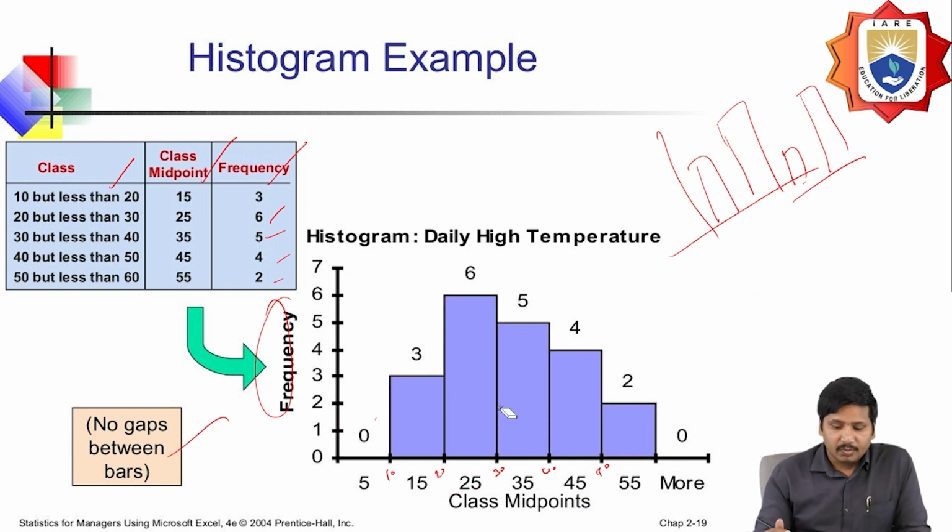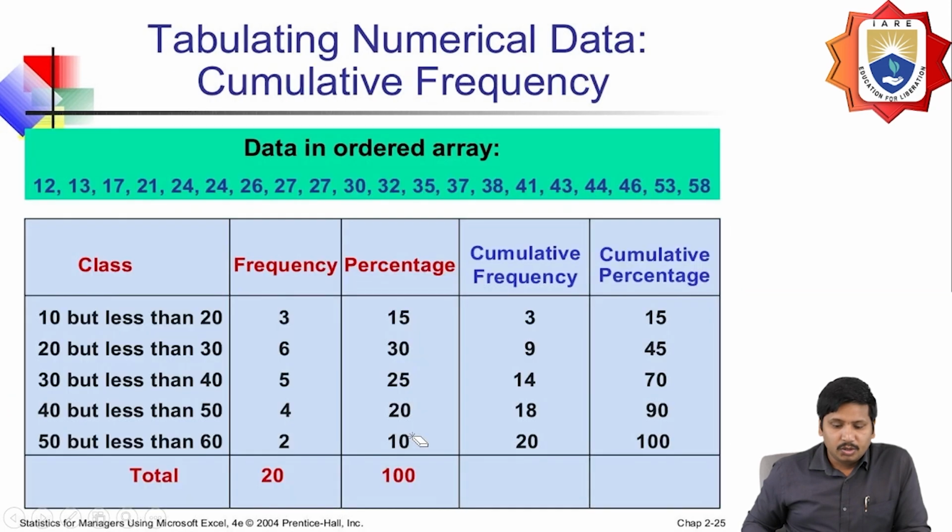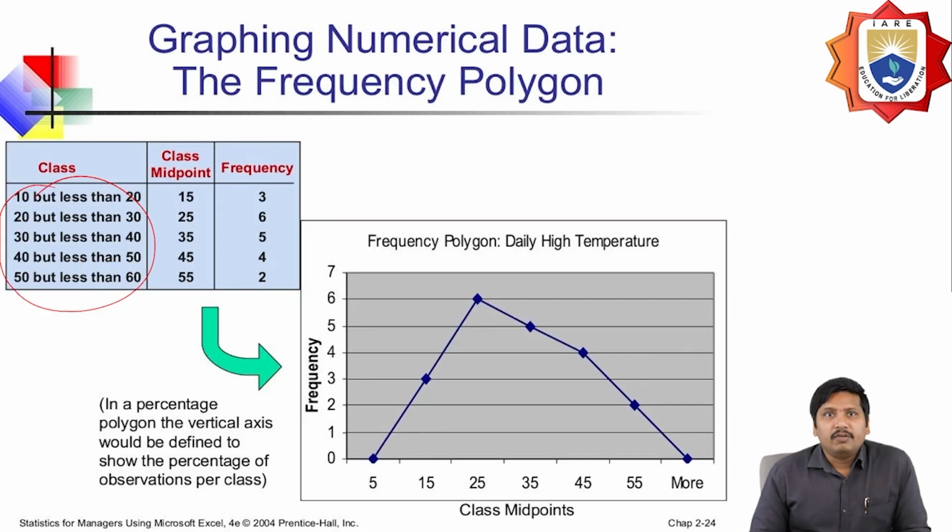To construct the frequency polygon, we have to join all the midpoints of the histogram by a straight line. Then I can obtain a polygon. After removing this, like this we construct the frequency polygon. So based on the histogram only I construct the frequency polygon.